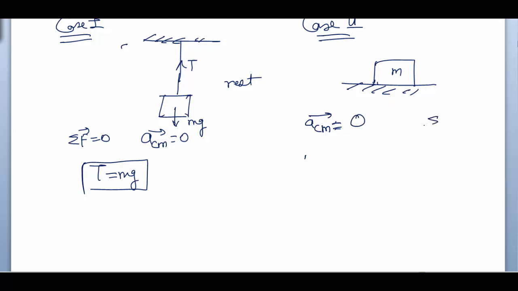Also summation of forces will be 0. Therefore the weight of the body will act downward, and the reaction will be upward. So N minus mg equals 0, N equals mg.